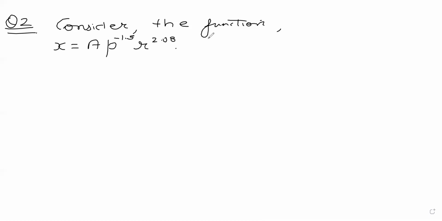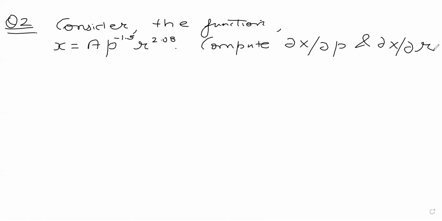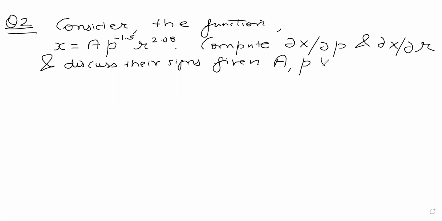The question asks us to compute del x by del p and del x by del r and discuss their signs, given that a, p and r are all greater than 0.